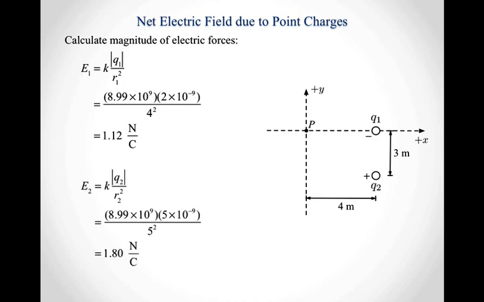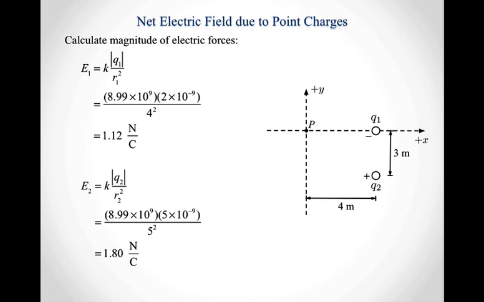Do the same thing for the magnitude of the electric field vector from particle 2. So again, this is going to be KQ2 over R2 squared. K, same value. Q2 is 5 times 10 to the minus 9, and the distance from particle 2 to point P is 5 meters, so 5 gets squared in my denominator. Plug all those into my calculator and I get 1.80 newtons per coulomb.